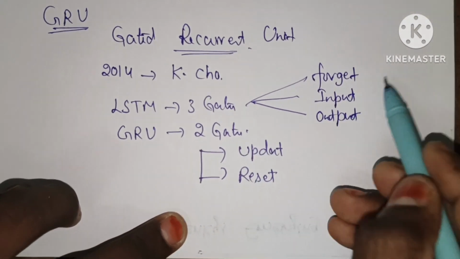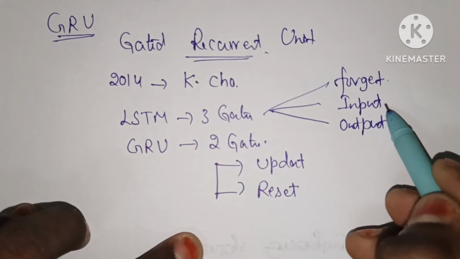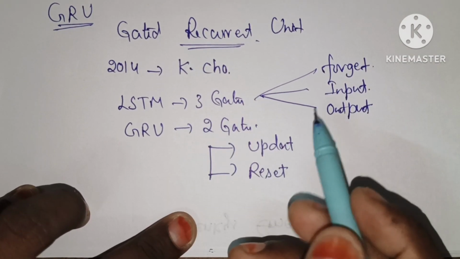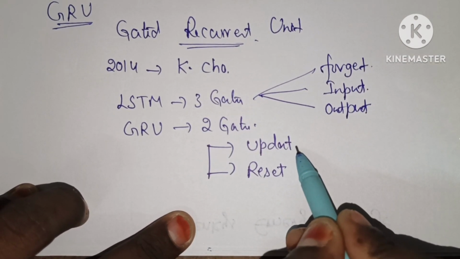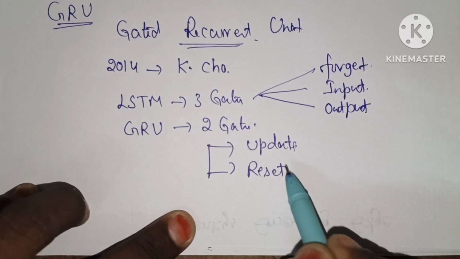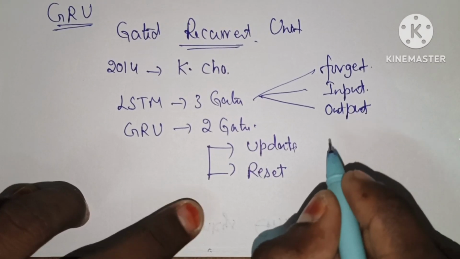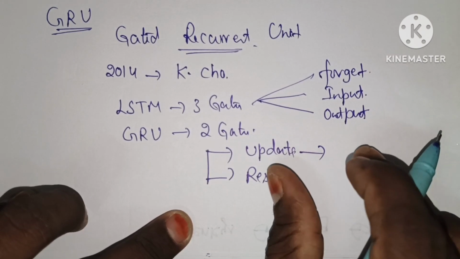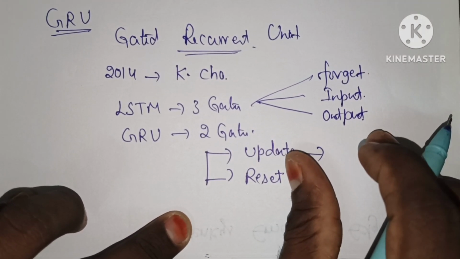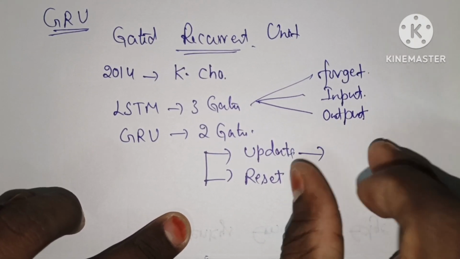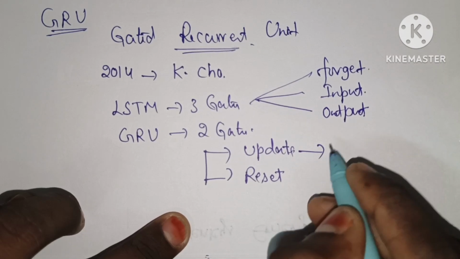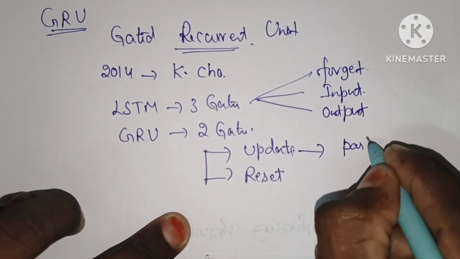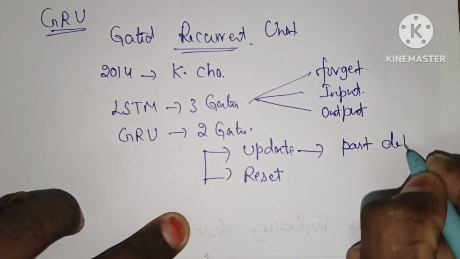What are the functions of the forget gate, input gate, and output gate in LSTM? The same as the function of the update gate and reset gate. What is the update gate? The major task of the update gate is how much information is needed from the past data.